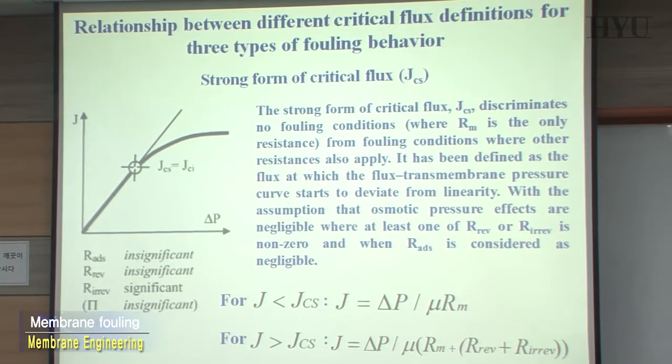In this case, we immediately have the deviation from linearity, and we assume that osmotic phenomena are not present. This is a wrong assumption, very often not valid. But you must have at least one significant irreversible kind of fouling present.